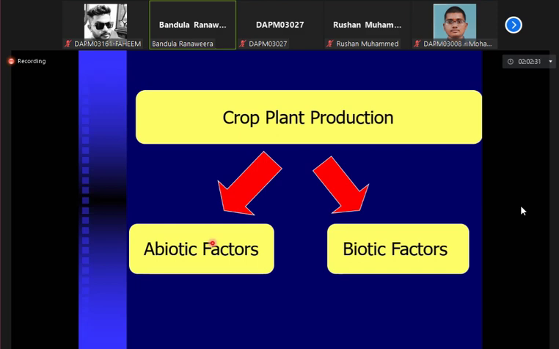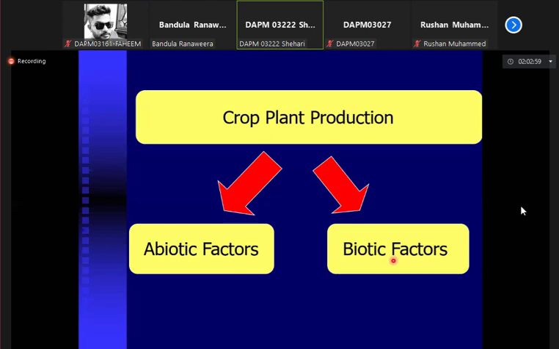Then, of course, the other part, the manipulation of biotic factors is also important, but we have to pay special attention to biotic factors. So we have to take some special actions, a special program of actions to control the biotic factors in cropping systems.